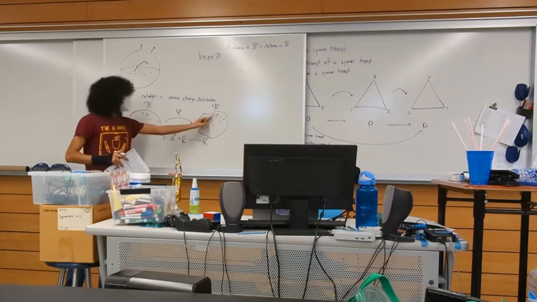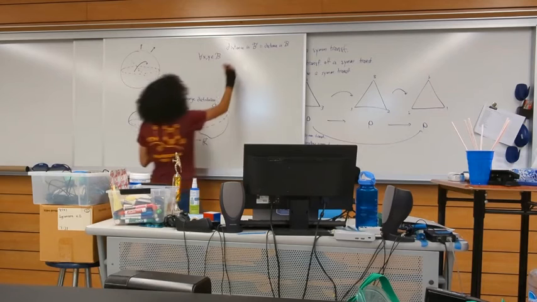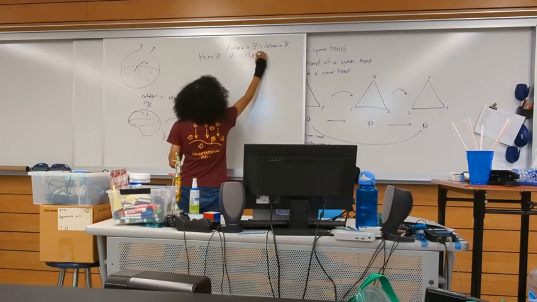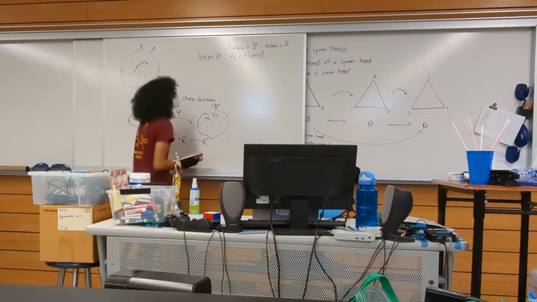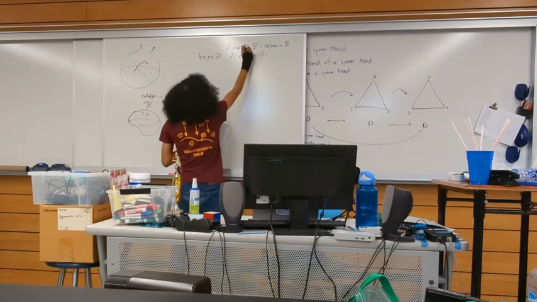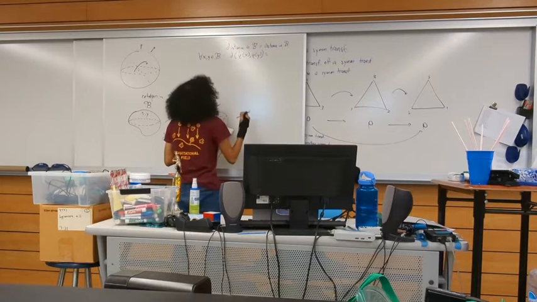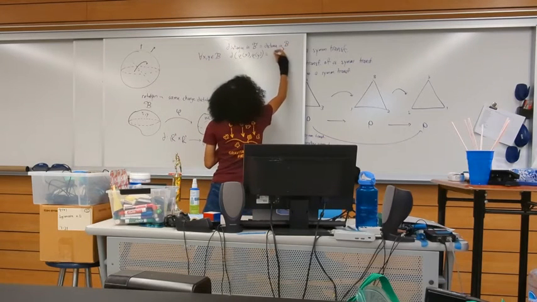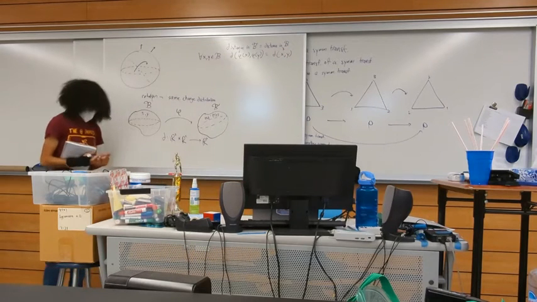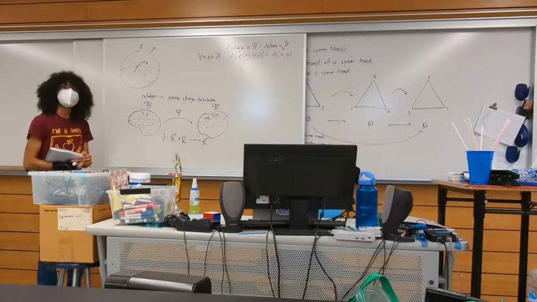The distance between these two would then be the distance between phi of x and phi of y. Okay, these are the two inputs. That's what this is. And in here, it would just be the distance between x and y. Are there any questions about that?